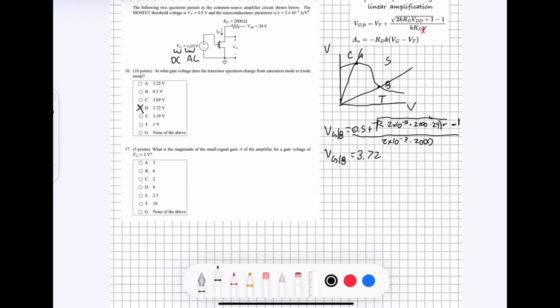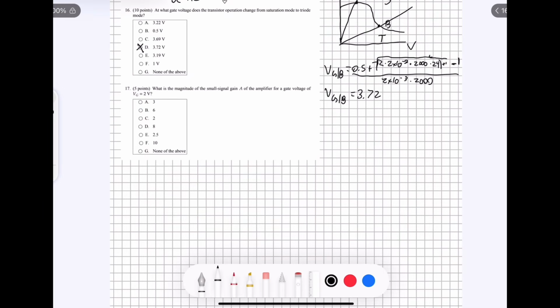Number 17 asks, what is the magnitude of the small signal gain A of the amplifier for a gate voltage of VG equals 2V? We're going to use the second equation right here. The A in this stands for amplification. So AV equals negative RD K, and then VG minus VT.